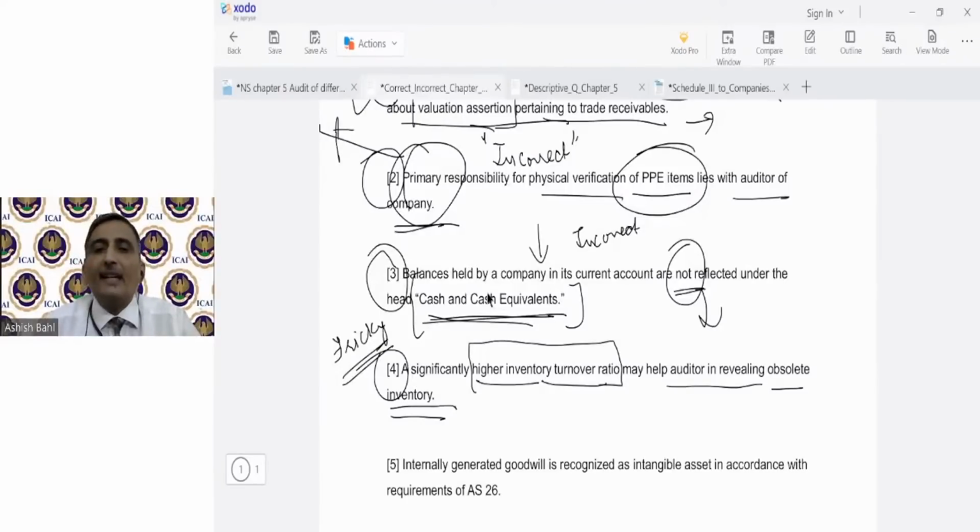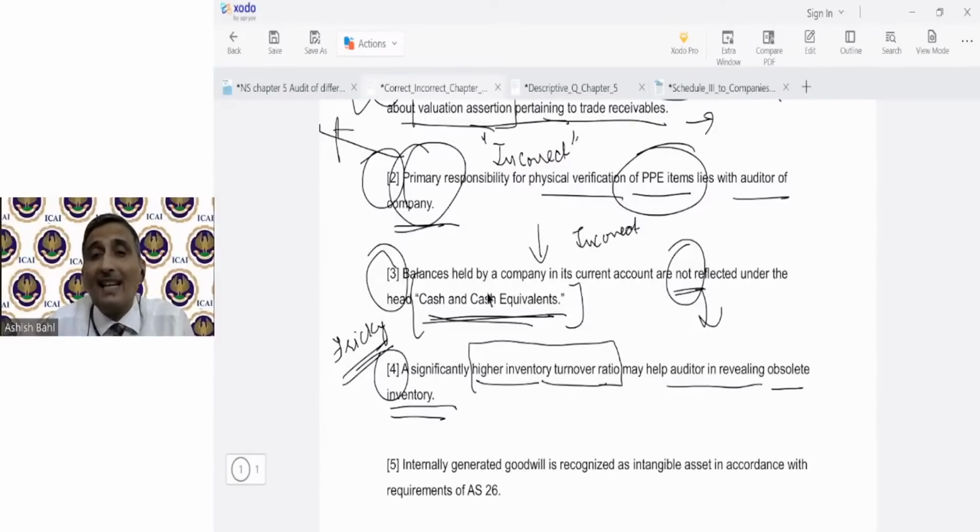A significantly higher turnover ratio helps the auditor in revealing obsolete inventory. So students, many of you, or rather I would say most of you, have given the wrong answer.